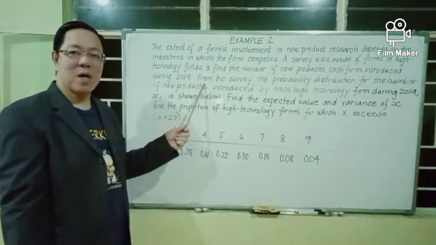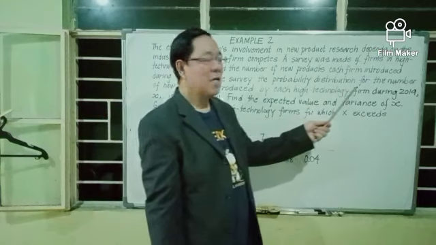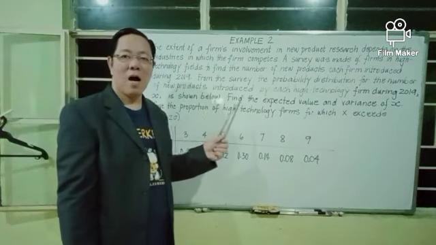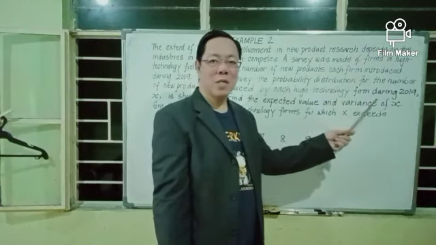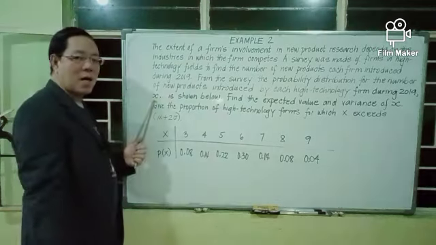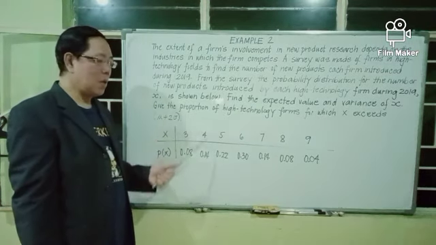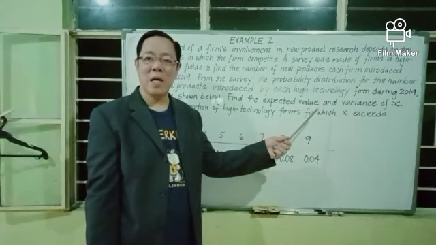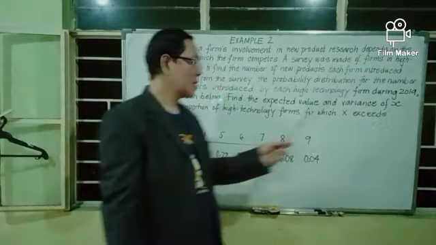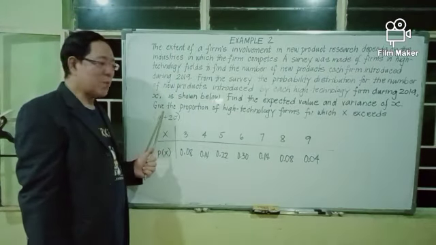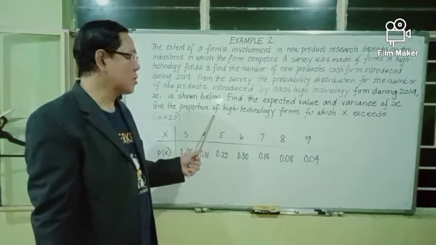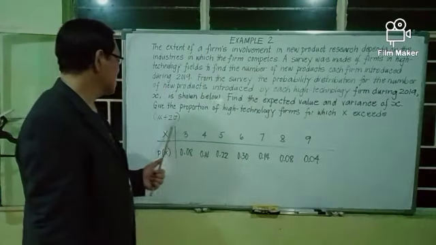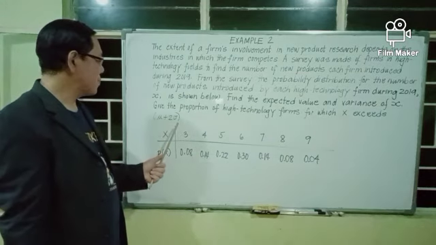From the survey, the probability distribution for the number of new products introduced by each high technology firm during 2019, X, is shown below. Find the expected value and variance of X. Give the proportion of high technology firms for which X exceeds mu plus 2 sigma.